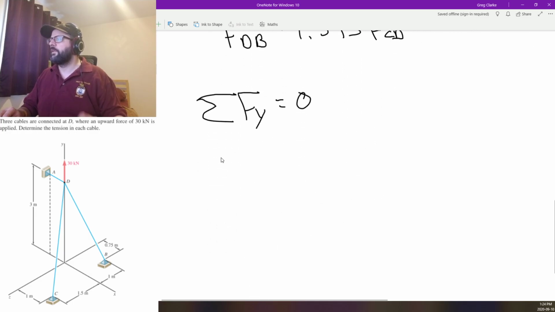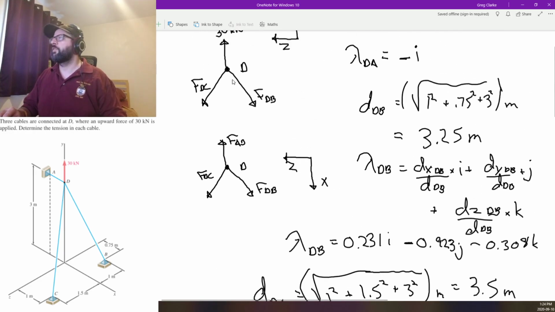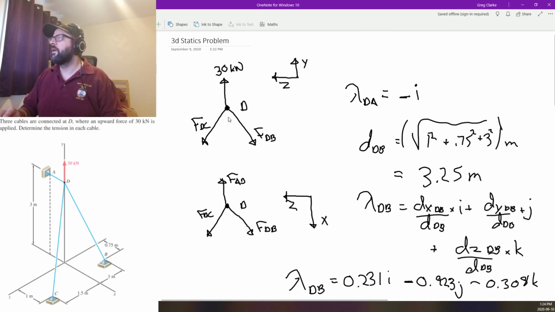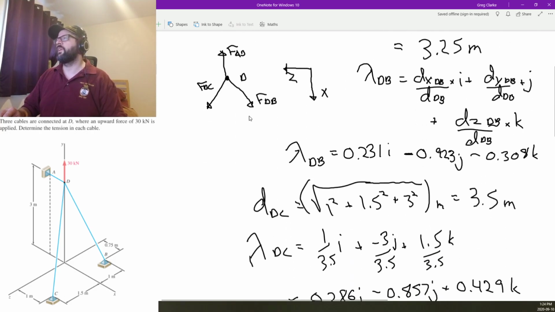We do that by adding up the forces acting on our point D. So the y components of that force. So we got the straight upward one, the 30 kilonewtons.